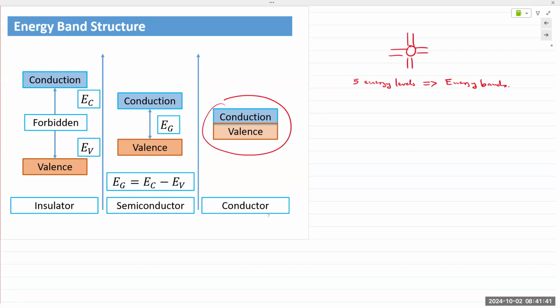And we have what is known as a conductor. So in materials that are conductors, the valence band and the conduction band overlap. There's always free electrons available to move around the material, which allows us to conduct electricity.